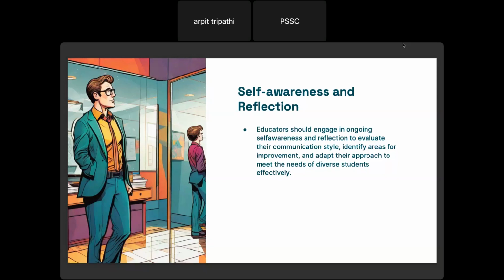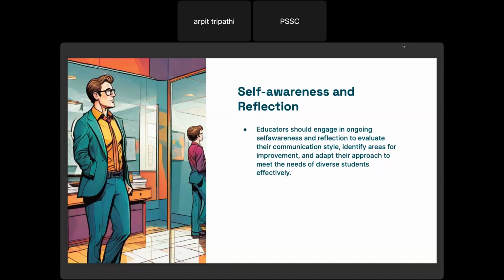So, an educator who is self aware and reflective can better understand their students' need, interest, and learning style. Because we all know every child has a different sort of learning style. So we need to help the children as per their need and their style.